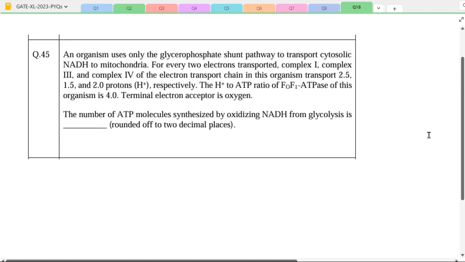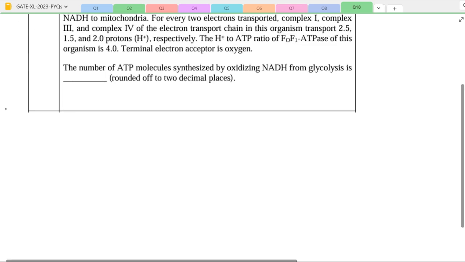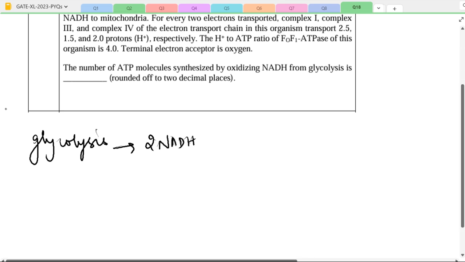Okay. So here, first of all, you should know that from glycolysis, you get 2 NADH, right? If you know the pathway, I'm not going too much into details because I'm only discussing the previous year's questions.